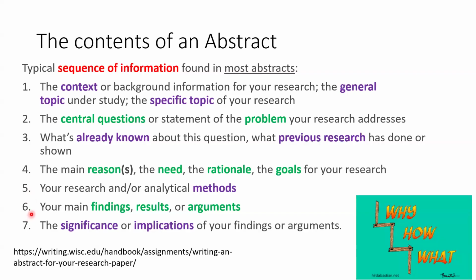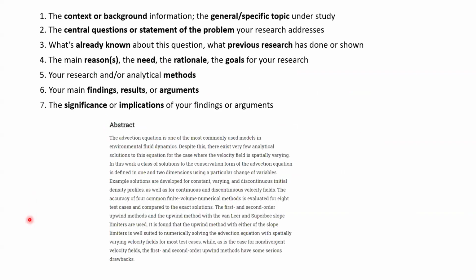And what did you find, and why does it matter? 6 and 7 will answer that. Right, so why did you do it, how did you do it, what did you find? The answers to all 3 questions would be in the abstract.